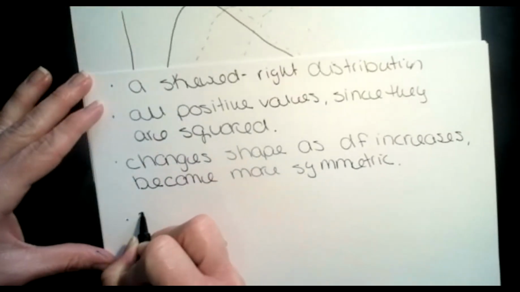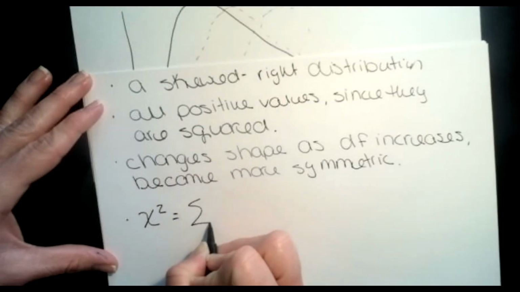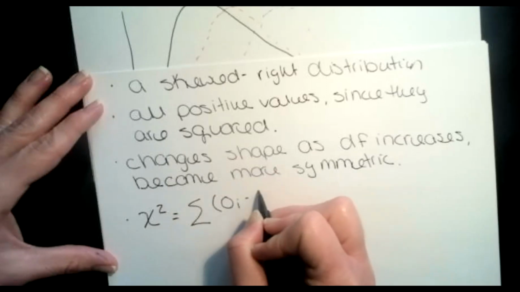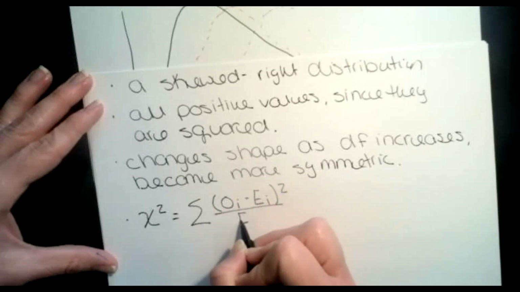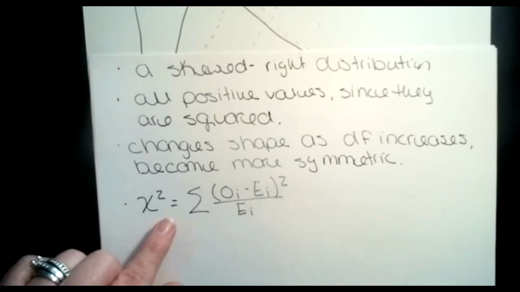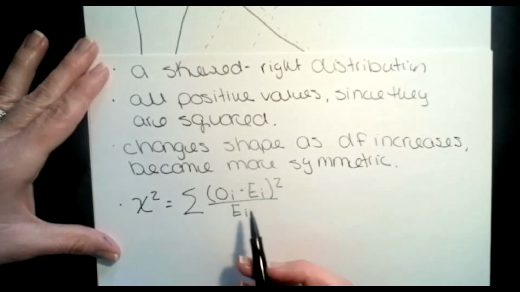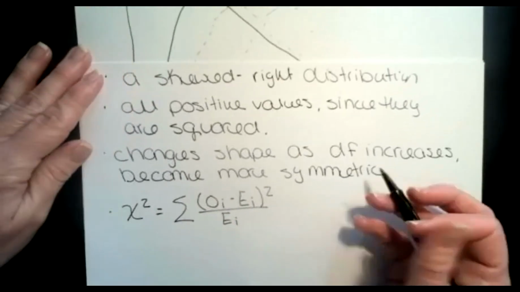Chi-squared is equal to the summation of (O sub i minus E sub i) squared, divided by E sub i. Now I'll talk to you about what all of this means, but Minitab will do all of this for us. It's just nice to know where it comes from and see the calculation. You can see the calculation's not that difficult. It's just we don't need to do it.